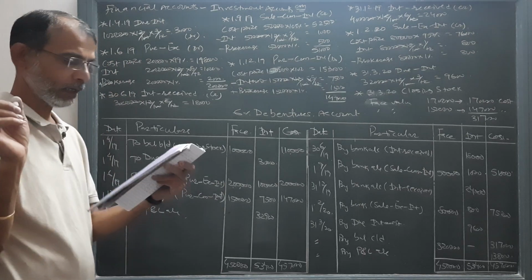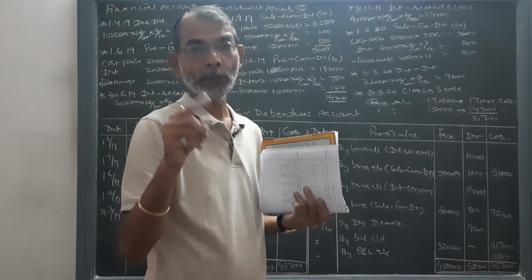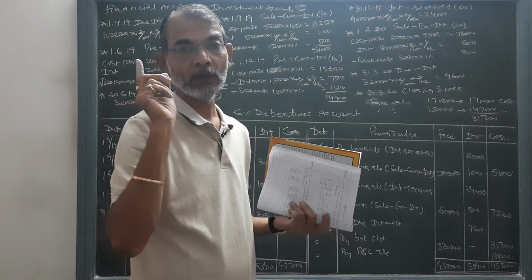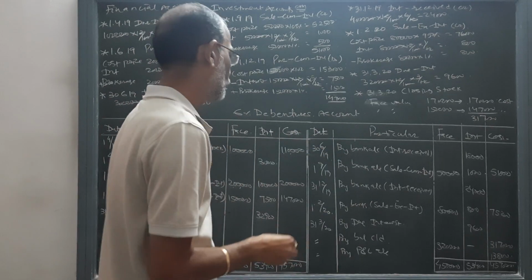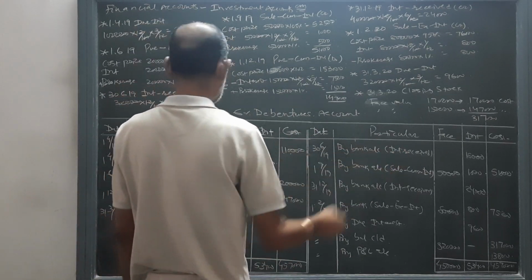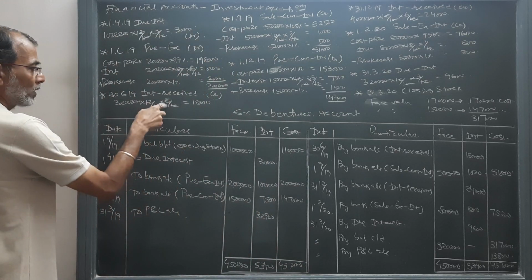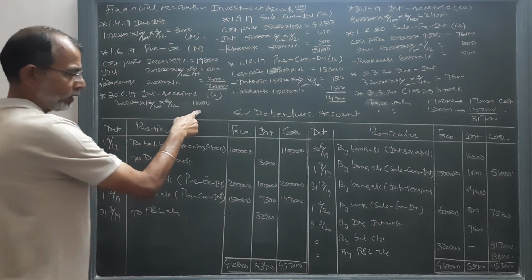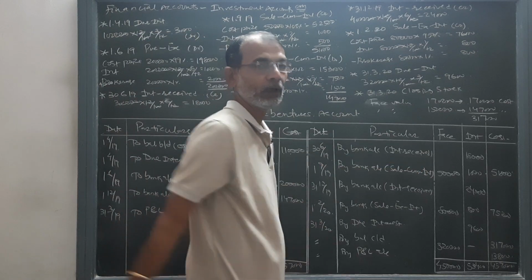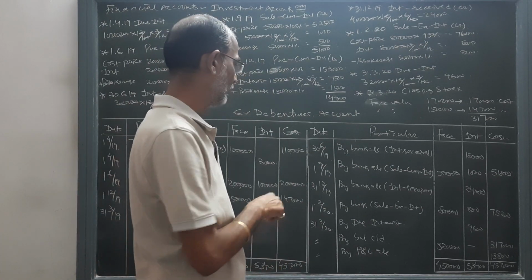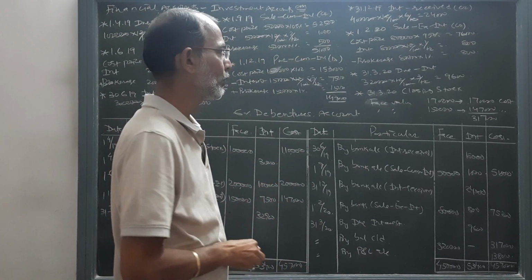Then on 1/9 a security is sold, but before that 30th June comes, so we have to write interest received on 3 lakh, 6 months, 12%, 18,000, which is to be written on the credit side of the investment account by bank, interest received.